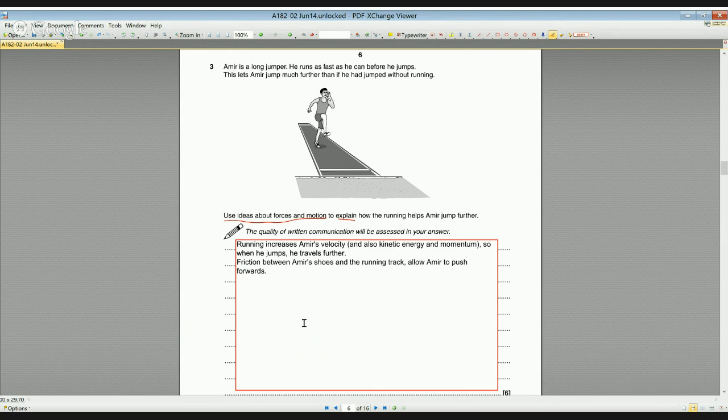Well, the friction allows Amir to push backwards on the running track, which creates an equal and opposite force, an interaction partner force, to push him forwards. I'm going to go into a lot of detail in this question, and you wouldn't necessarily need all of this detail in your answer to have got 6 marks, although I would say most of it you would.